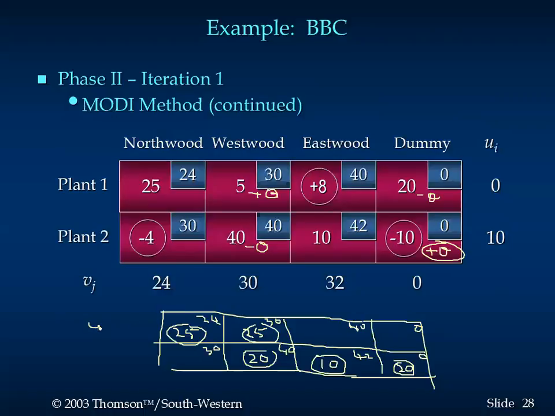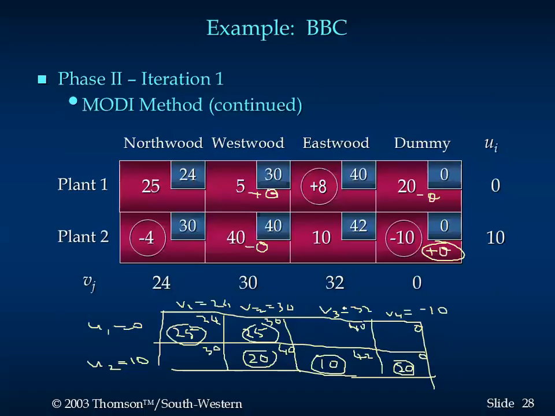So U1 equals 0, V1 equals 24, V2 equals 30. U2 equals 40 minus 30, which is 10. V3 equals 32 here, and V4 equals minus 10.